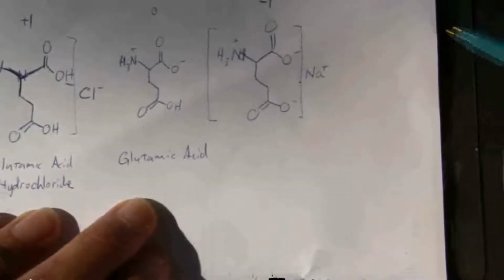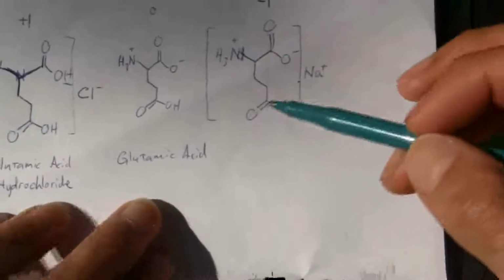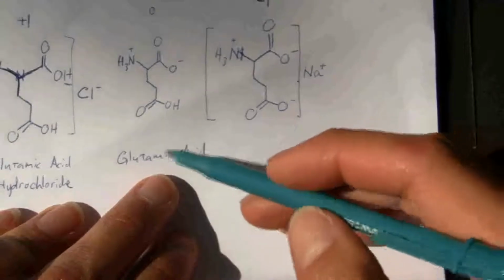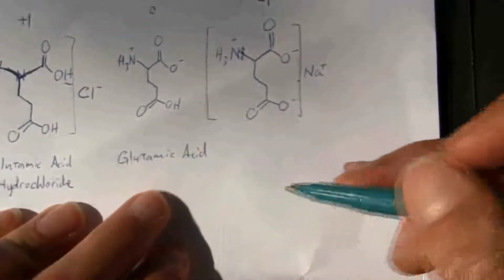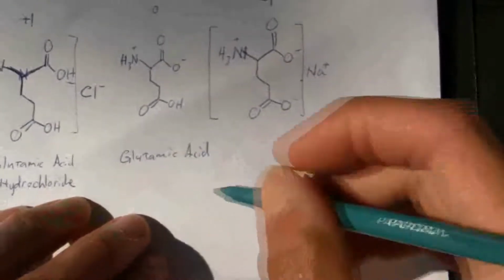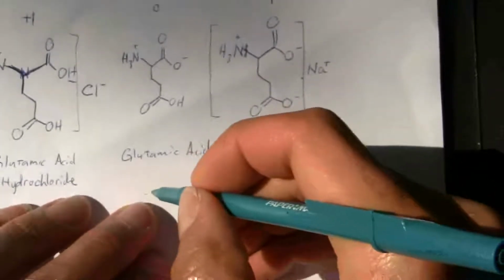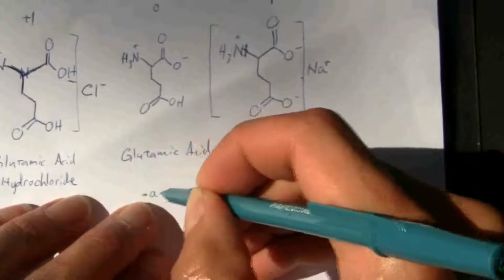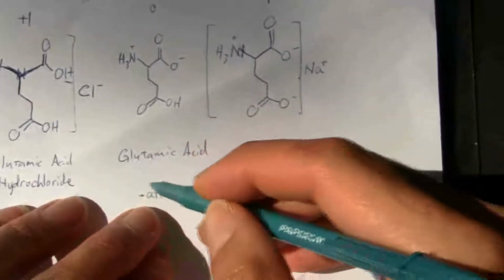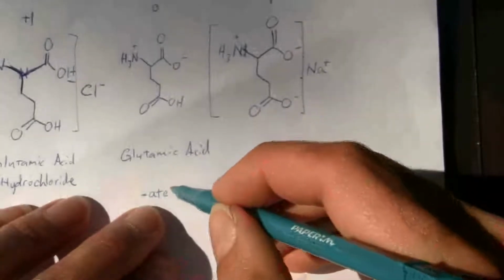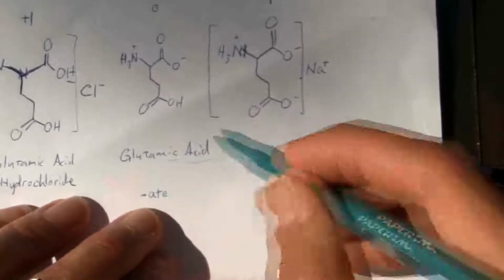Now, the way we name these is the acid. If you remember from your general chemistry, if you have an ATE ending on your ion and you make that an acid, it becomes ic acid.